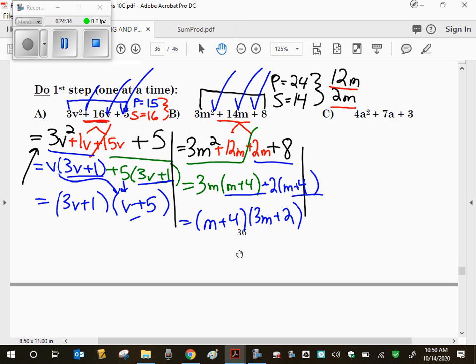Now we're doing sum product. You must know where the product comes from. It comes from the numerical coefficient on x squared times the constant at the end, including signs. Remember, terms start with addition or subtraction.